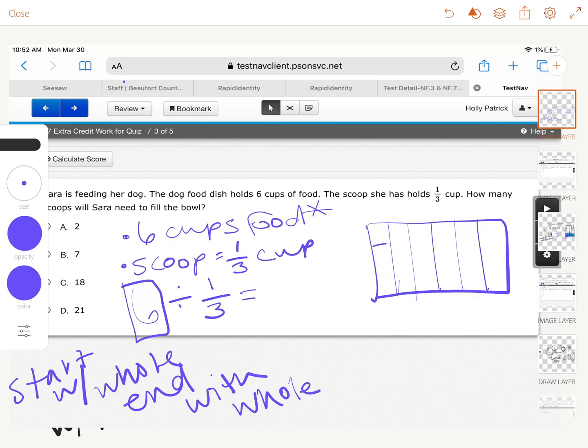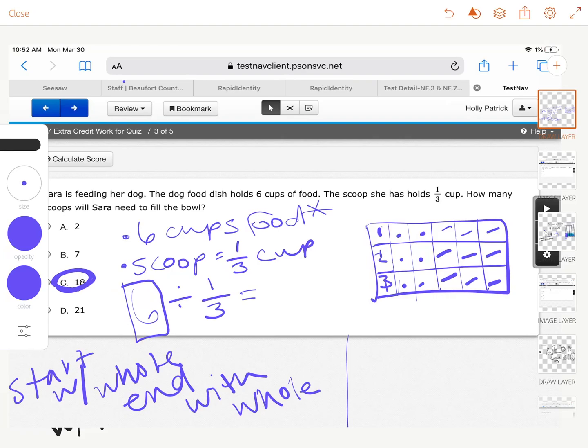So for this first cup, I'm going to have 1/3, 2/3, 3/3, okay? And I can extend that line all the way across. And my question is, how many scoops will she have to use pretty much? So I can think about this as 1, 2, 3, 4, 5, 6, 7, 8, 9, 10, 11, 12, 13, 14, 15, 16, 17, 18. So she's actually going to need 18 scoops in order to fill up this dog bowl.